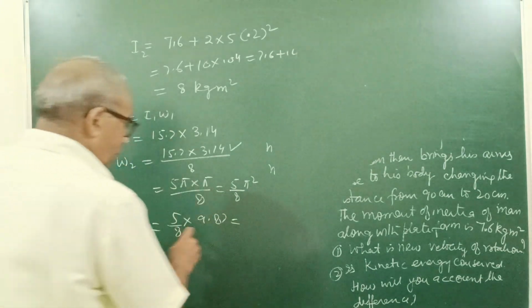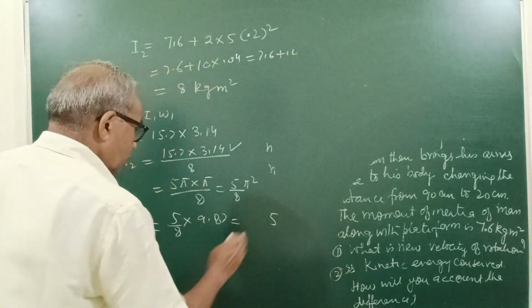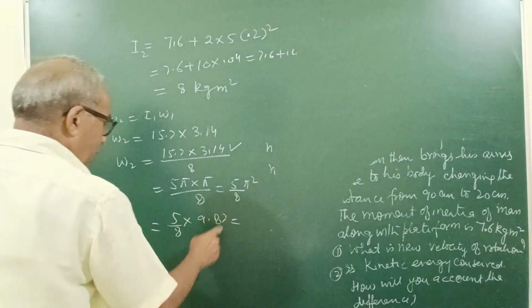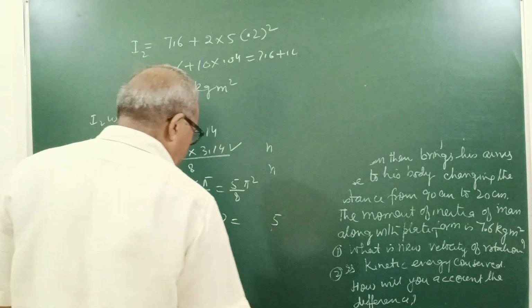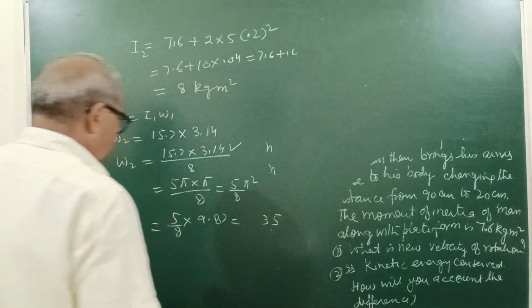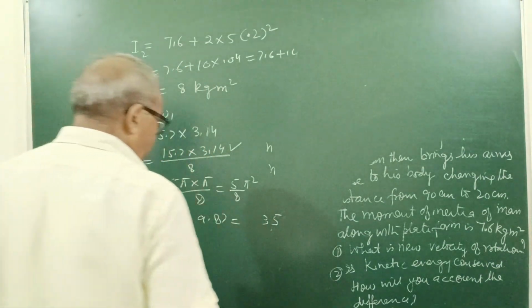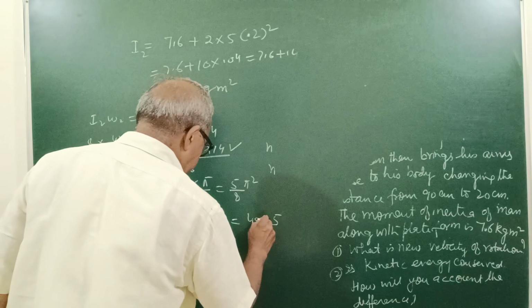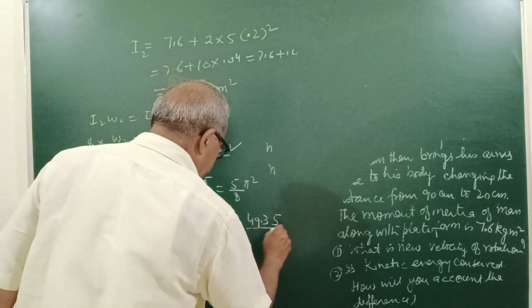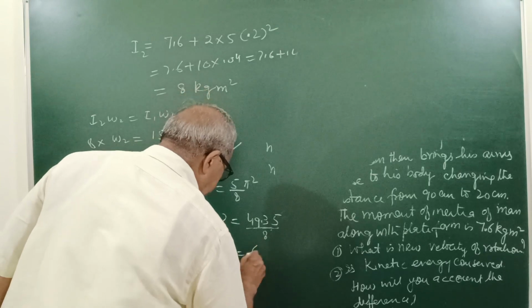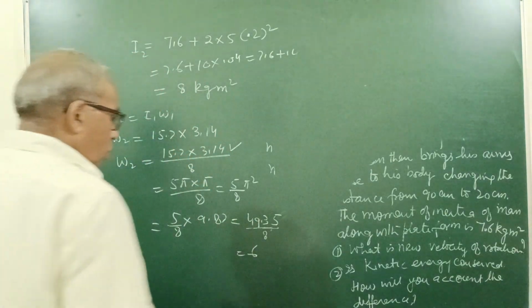How much? 5 times 7 is 35, carry 3, and 5 times 8 is 40, and 3 is 43, 4. 5 times 9 is 45, and 4 is 49. Upon 8.